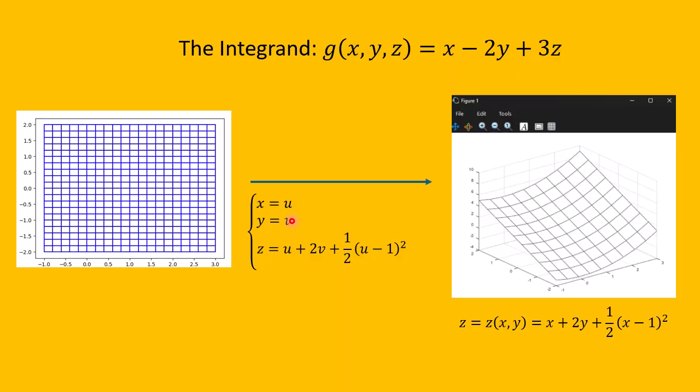So we're basically introducing two new variables u and v, but they just happen to be, in this particular case, x and y. The formulas for x and y in some other problems might be more complicated than this, but since we're given z entirely in terms of x and y here, z is a function of x and y, we can just let x and y be called u and v, or if you want to, and hopefully not confuse yourself, you could just still call them x and y.